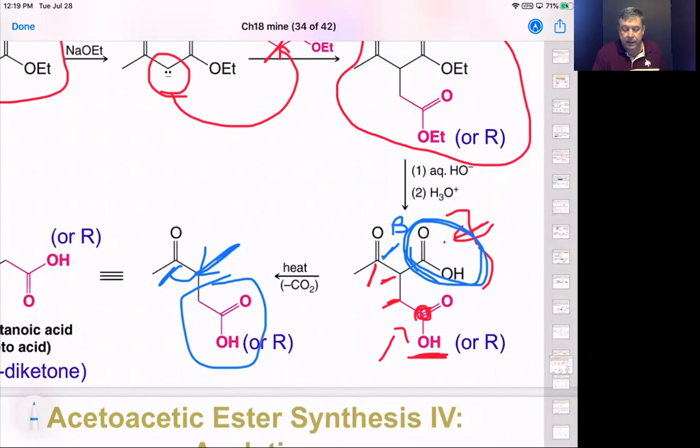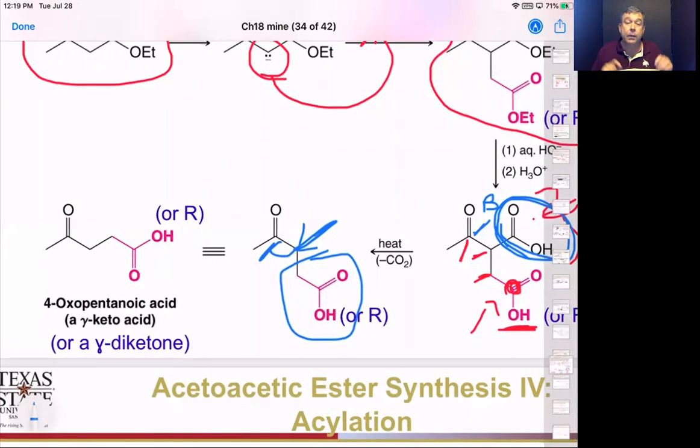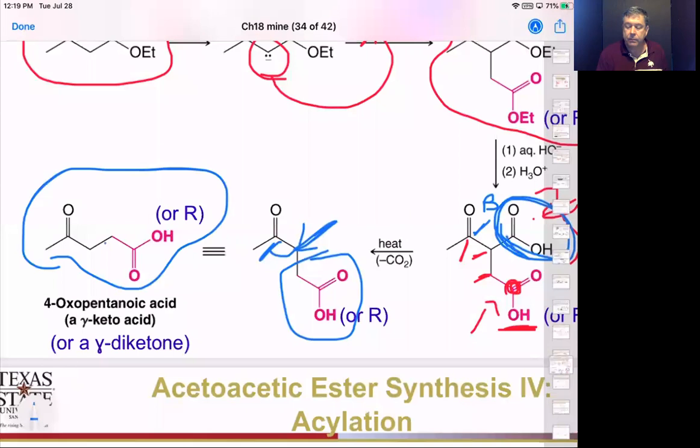So in this case, even though we had two different carboxylic acids that could be removed with heat, only one had a beta carbonyl, and therefore it exclusively is the one that's removed. And therefore we end up with our product here that is our only product, because only the one carboxylic acid is beta to it.